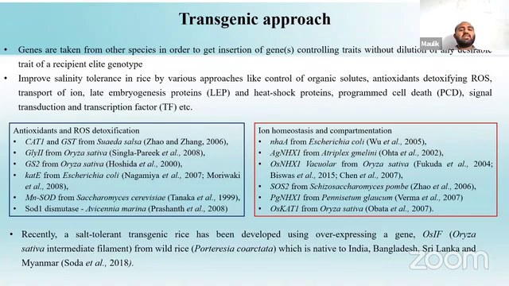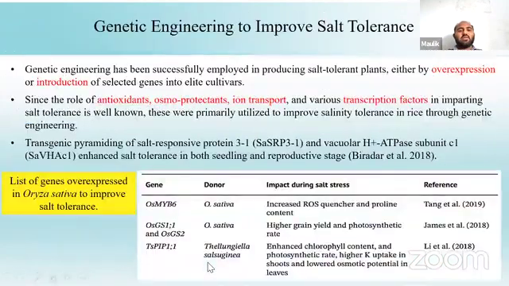What does the transgenic approach mean? Genes are taken from other species in order to insert a gene controlling the trait without disturbing any other desirable trait in the recipient elite genotype. Recently, salt-tolerant transgenic rice was developed by using overexpression of the gene OSIF from wild rice, which is native to India, Bangladesh, Sri Lanka, and Myanmar.